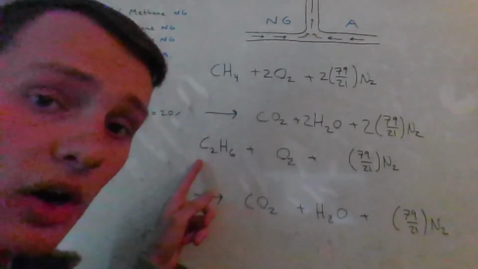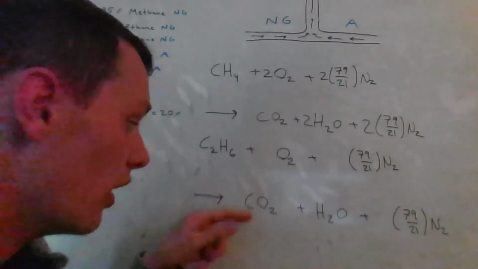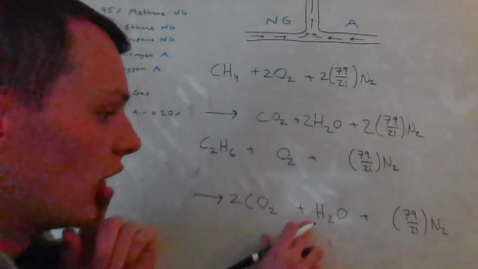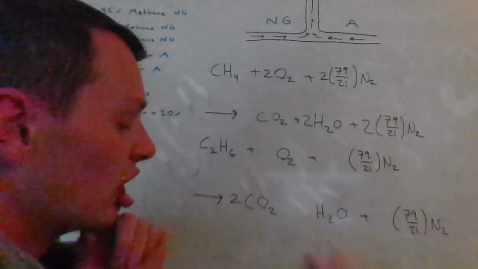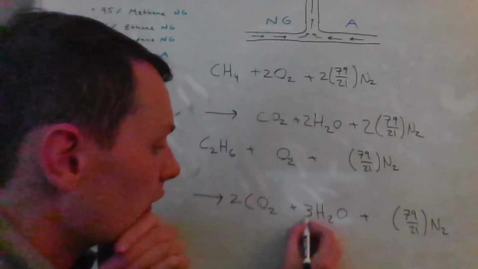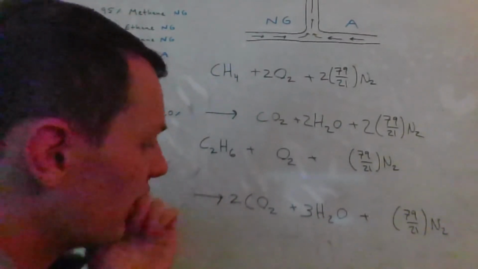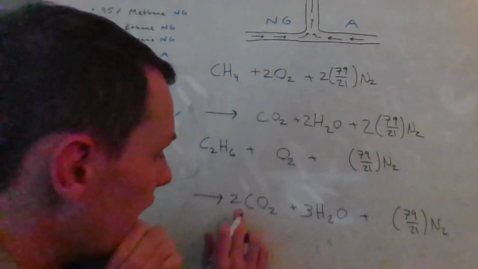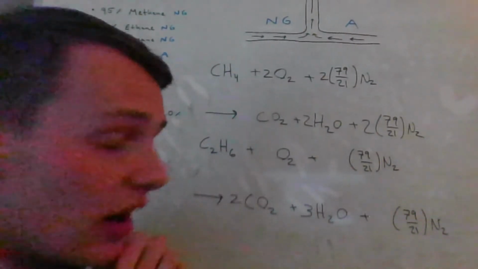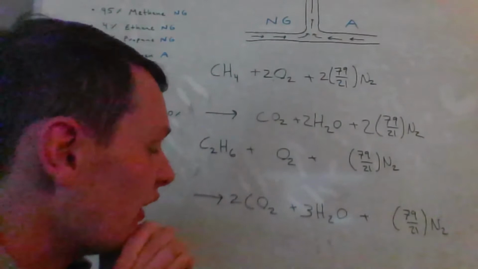Let's start with our carbon atoms. So we have 2 and 1, so let's put a 2 here. Then let's do our hydrogens. The only other hydrogens on our product side is going to be in our water, so we'll make this a 3. Okay, so that's going to solidify our oxygens there, right? 2 times 2, 3 times 1. So we have 7 oxygens on this side, we have 2 on that side.